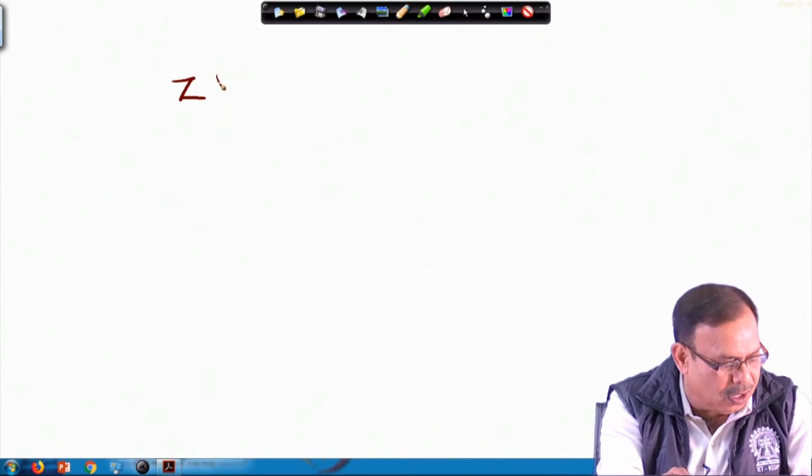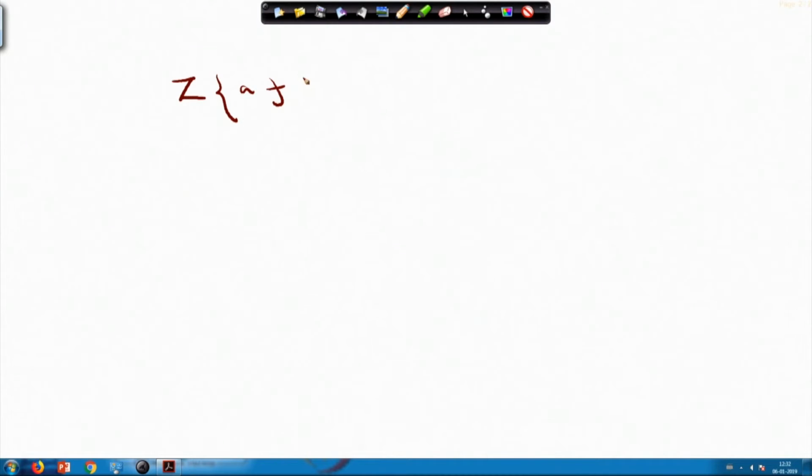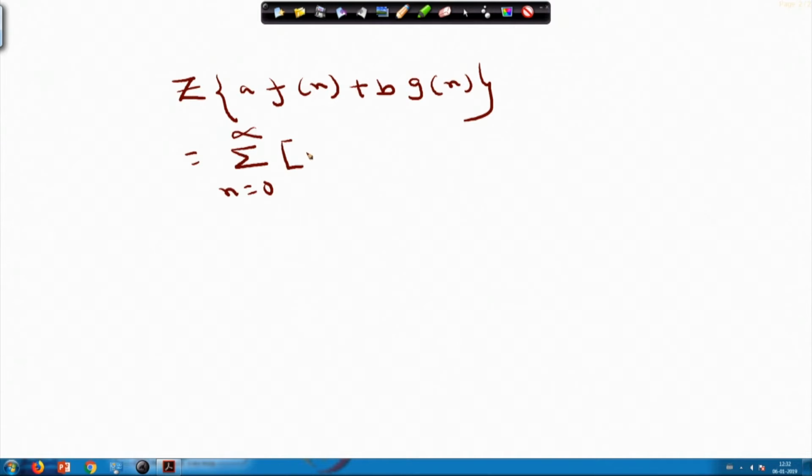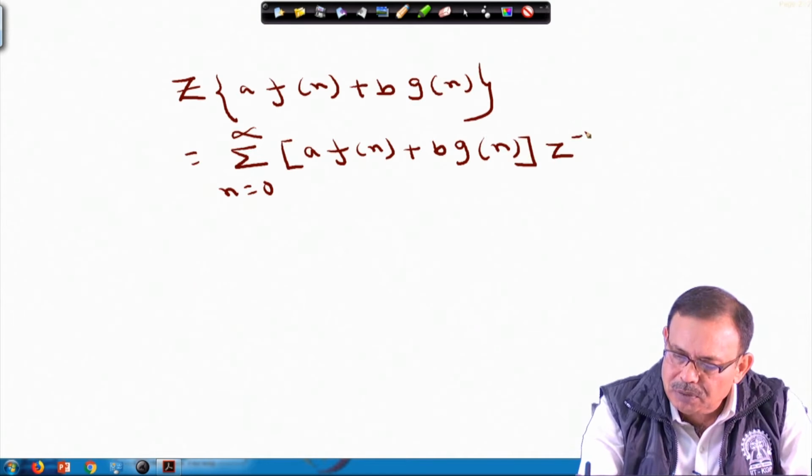Z transform of A f n plus B g n, this is capital Z. You can write it from the definition: summation n equals 0 to infinity, the function here is A f n plus B g n, into z to the power minus n.